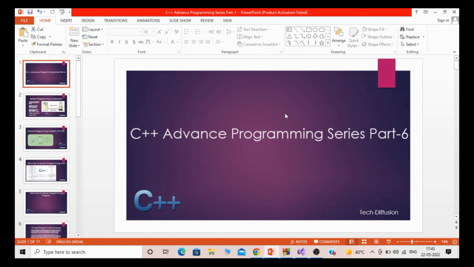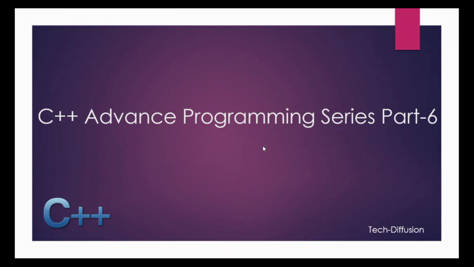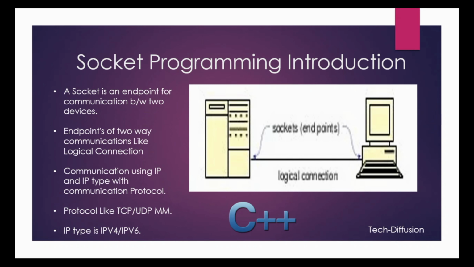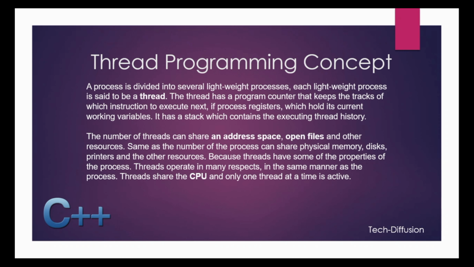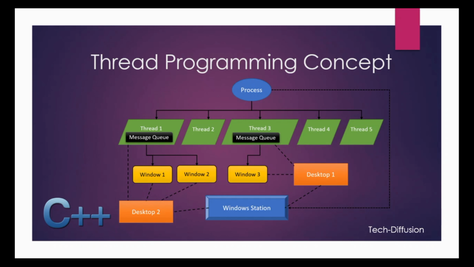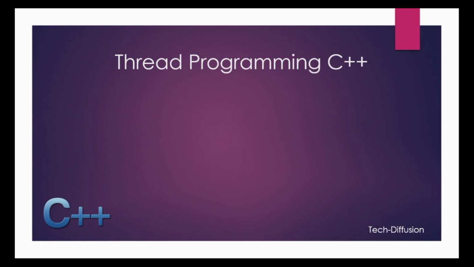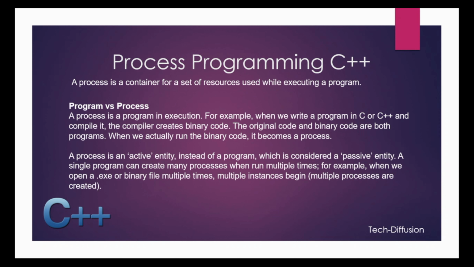As you already know what we did previously in this C++ advanced programming series, we discussed sockets and how we can create our own socket programming. Then we covered threading concepts, thread life cycles and thread programs in C++.